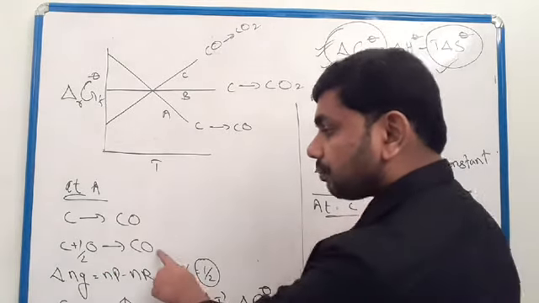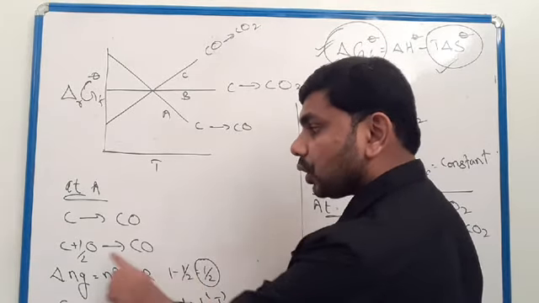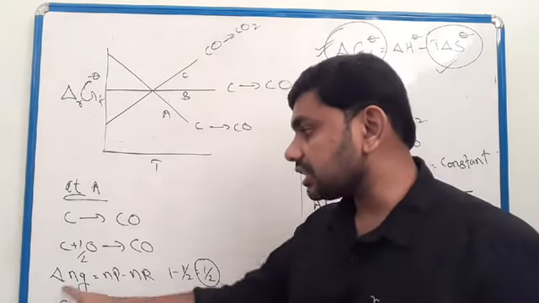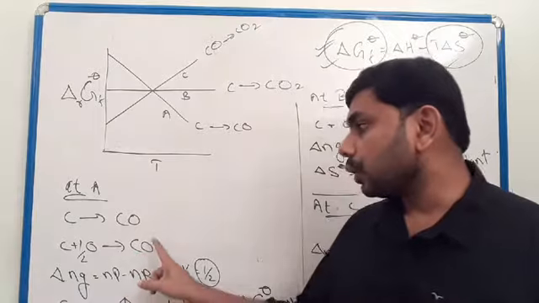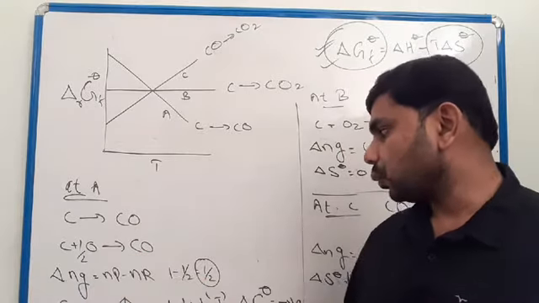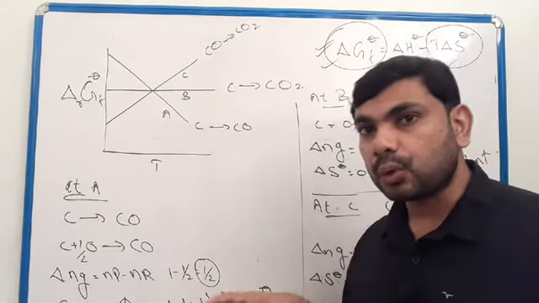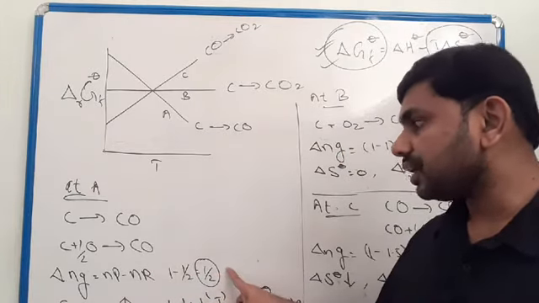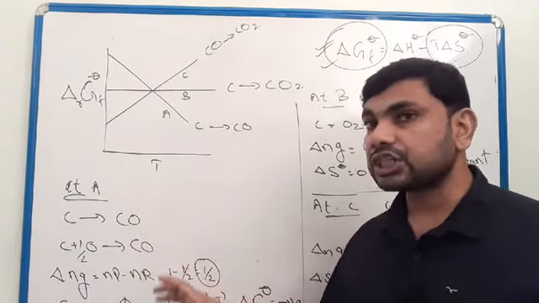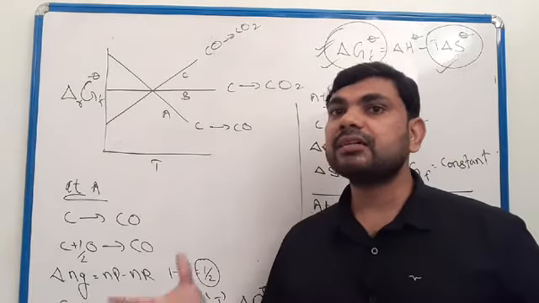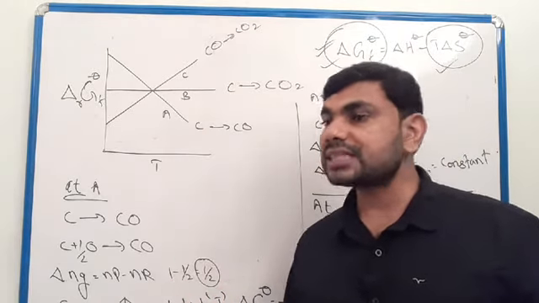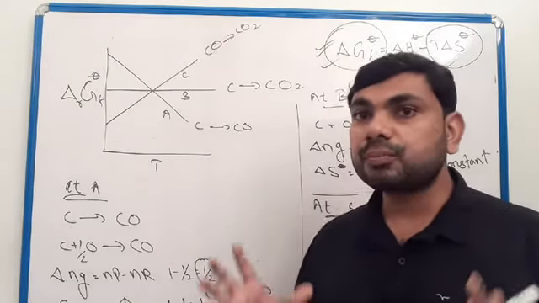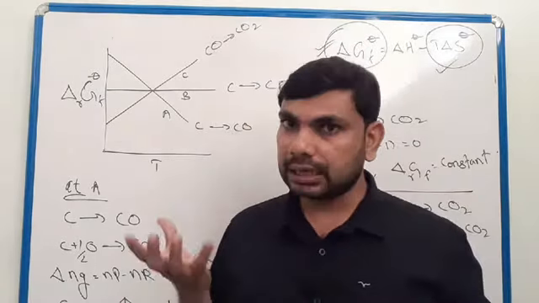Look here, carbon monoxide is gaseous, oxygen is gaseous, carbon is solid. So delta Ng here means 1 minus half, which is half. So during this chemical reaction, the number of moles of gas is increasing.